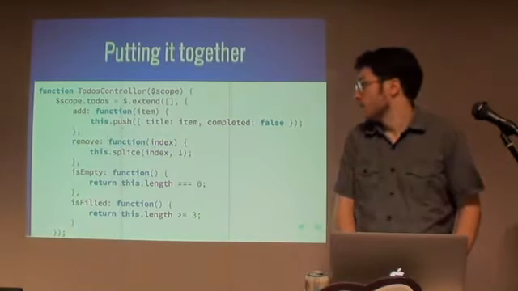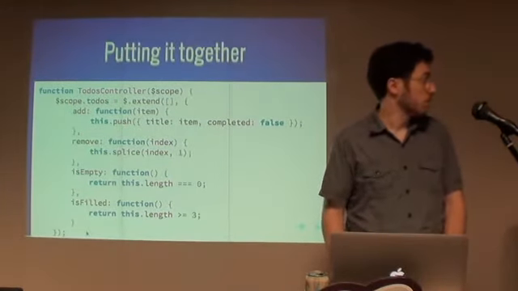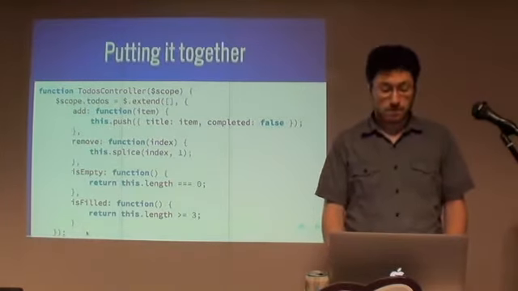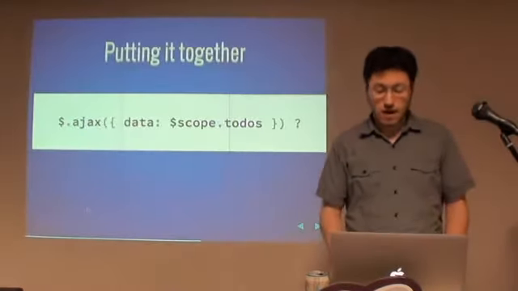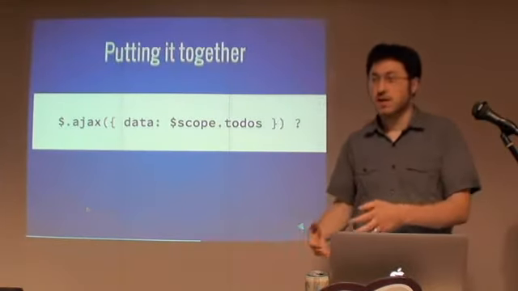And these are other helper methods that we use in the UI, like removing items and checking whether the list is empty.